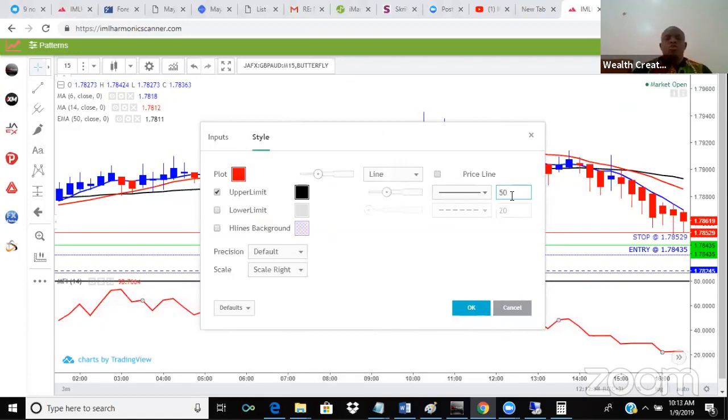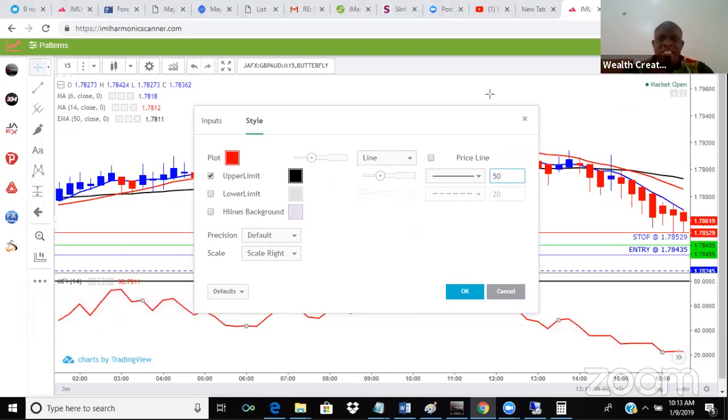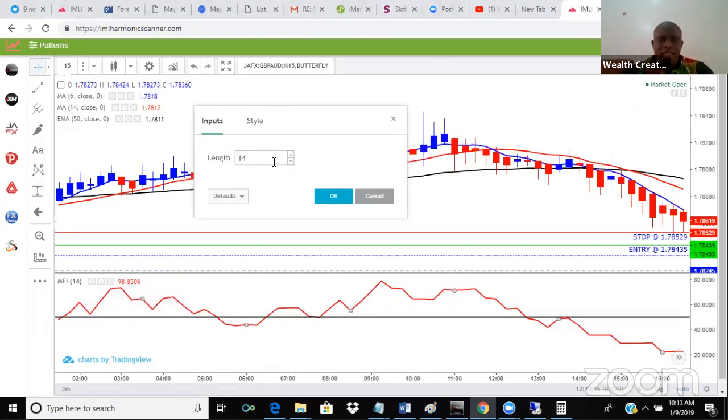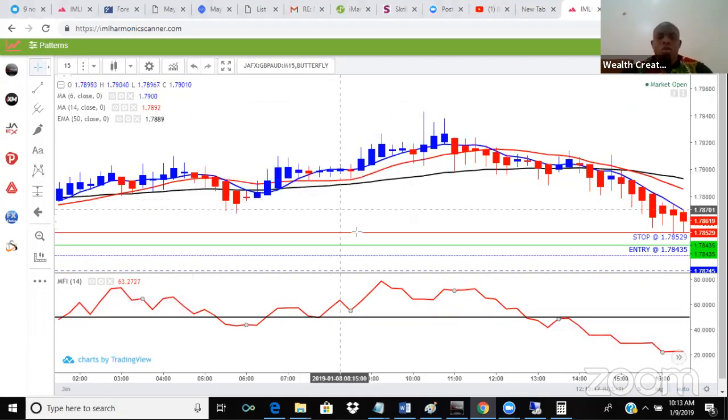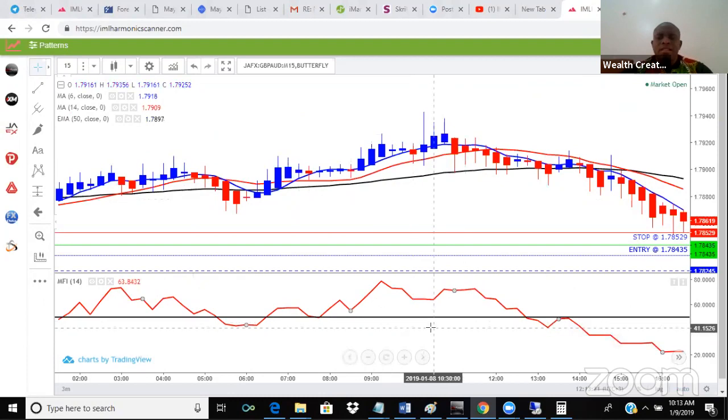So make sure you have these settings there, okay? So these are the settings: 50 upper limit, red color, black, and the input is 14. I'll click on OK.